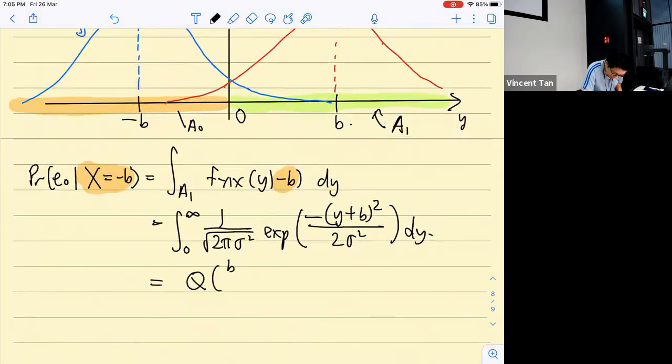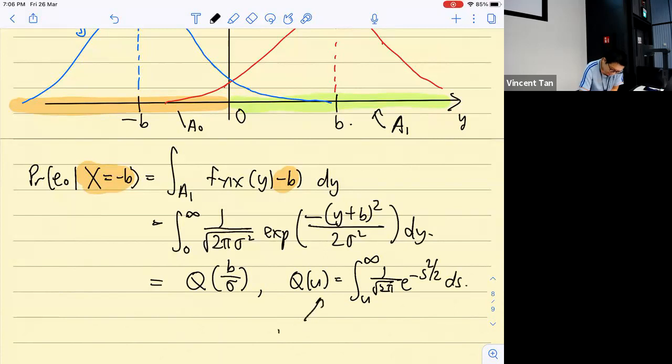You can write this in terms of the so-called Q function that communications people like, Q of b over sigma. And this Q here is the complementary CDF of a Gaussian, if you wish, a standard Gaussian, the integral of exp of minus s squared over 2, ds.